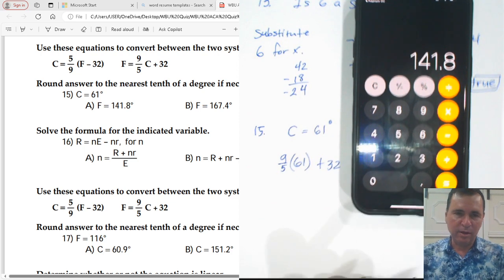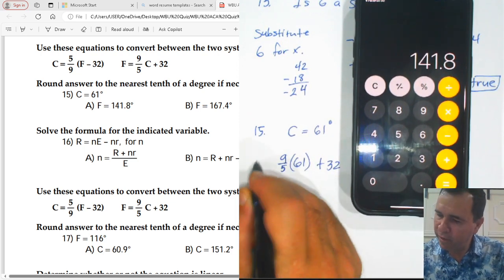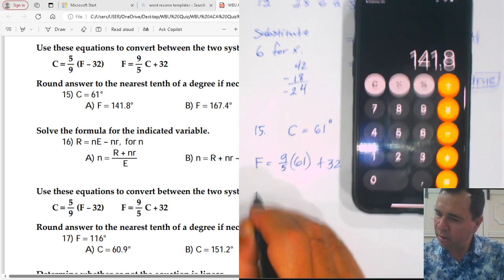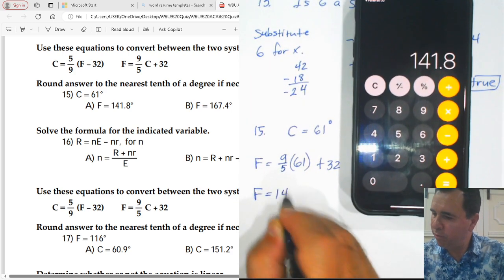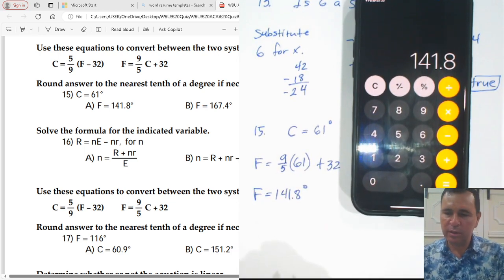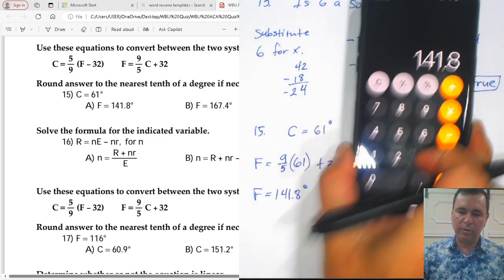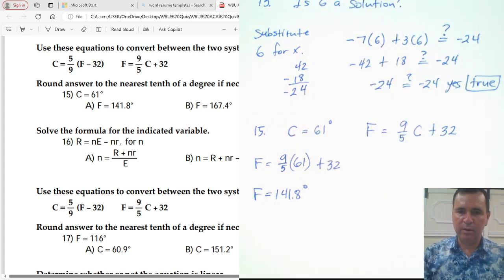Okay, there it is, 141.8. So Fahrenheit is going to be 141.8 degrees. So if you have 61 degrees Celsius, it's going to be 141.8 degrees Fahrenheit.